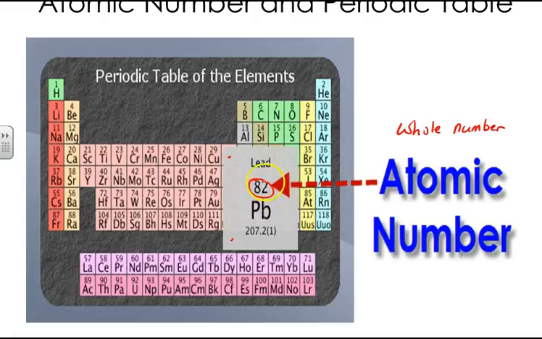It can be in all sorts of places, but you look for that whole number. You can also tell which one it is because the elements on the table are arranged in that order: element 1, 2, 3, 4, 5, 6, 7, 8, and so forth, down to 118 down here.